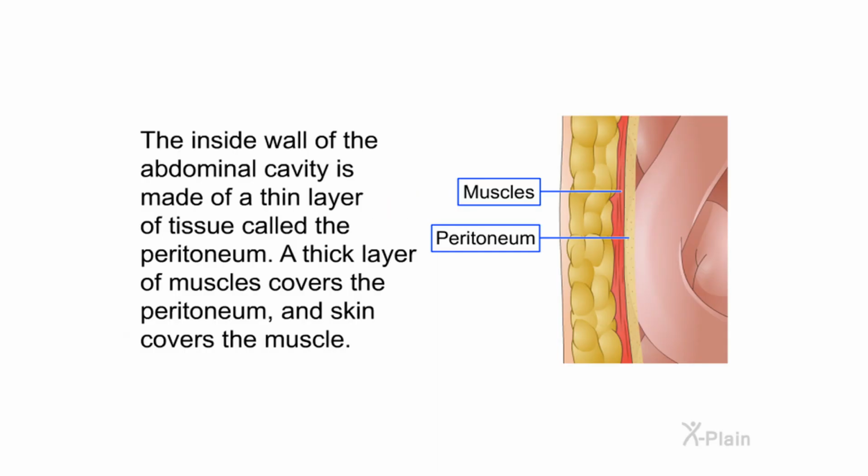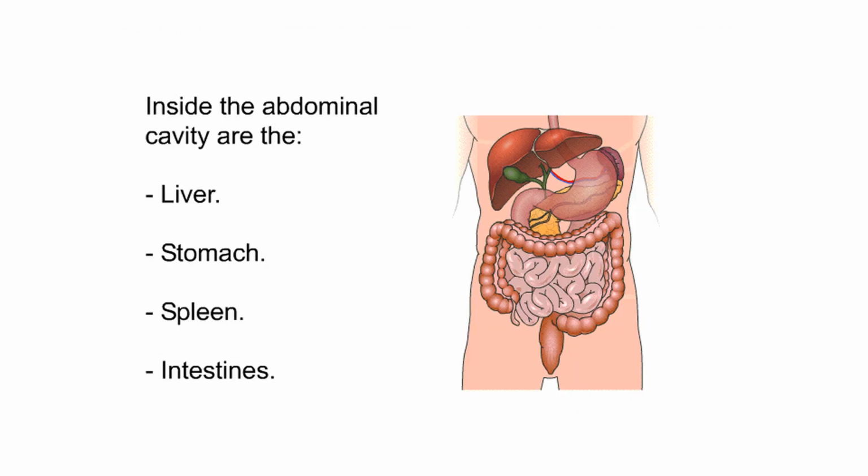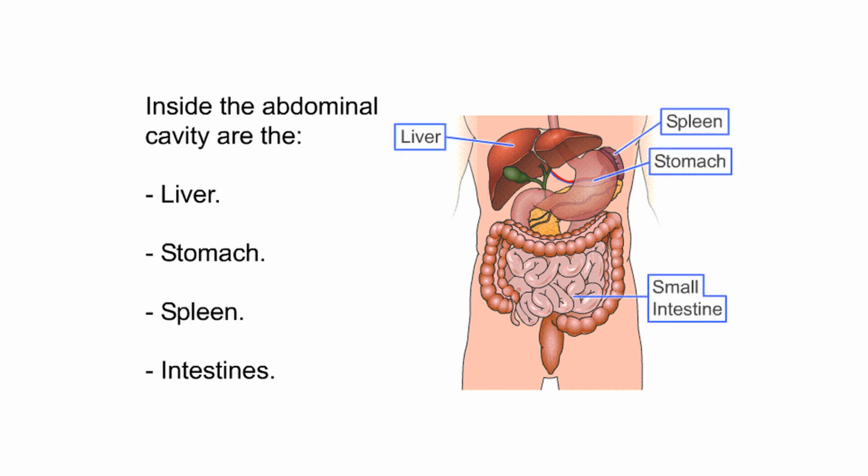Anatomy. The inside wall of the abdominal cavity is made of a thin layer of tissue called the peritoneum. A thick layer of muscles covers the peritoneum, and skin covers the muscle. Inside the abdominal cavity are the liver, stomach, spleen, and intestines.